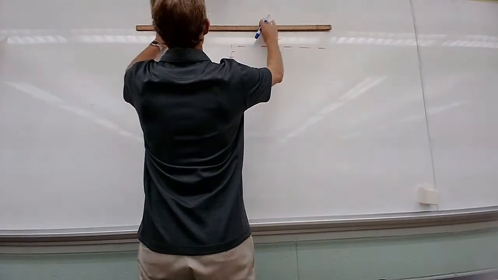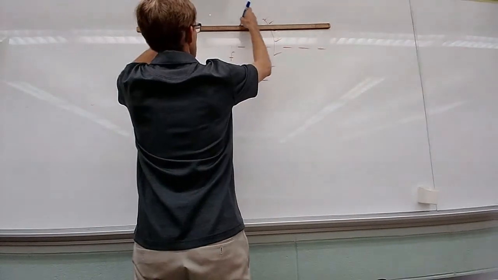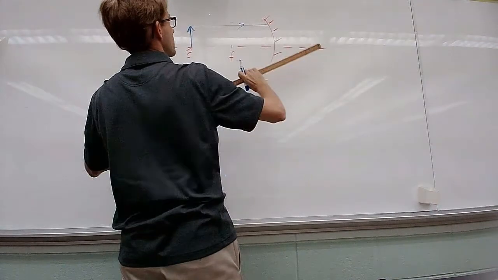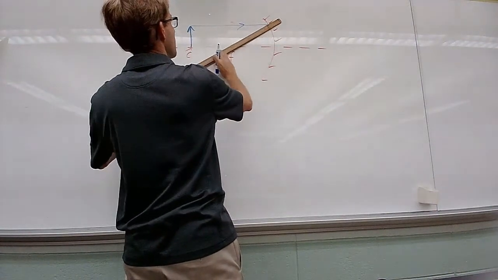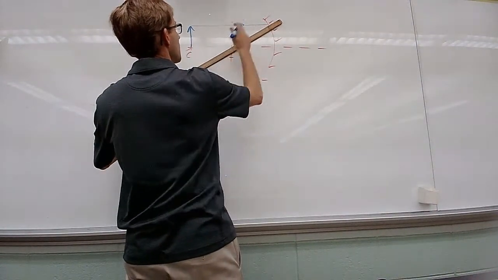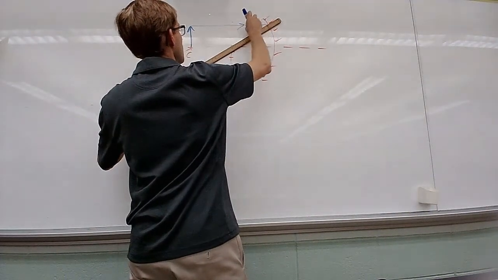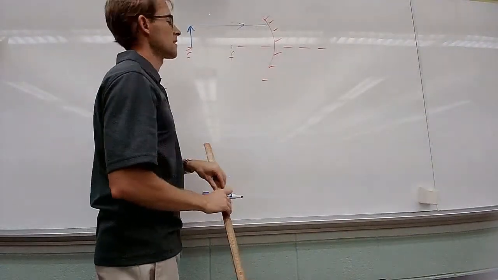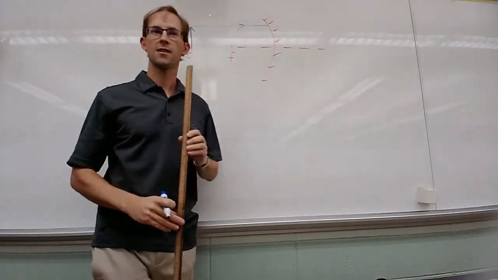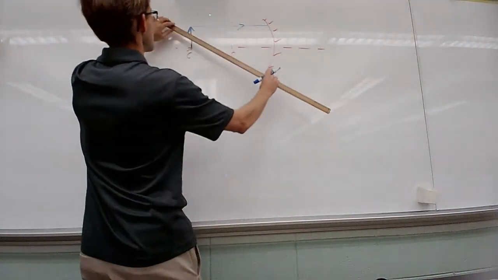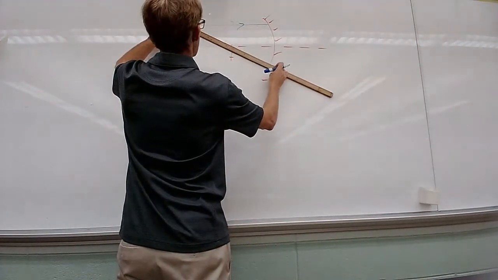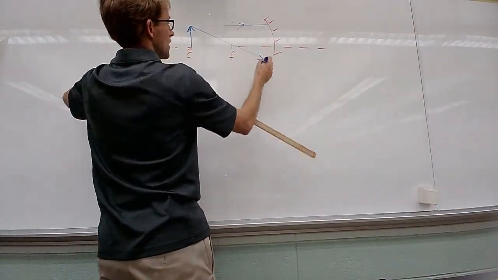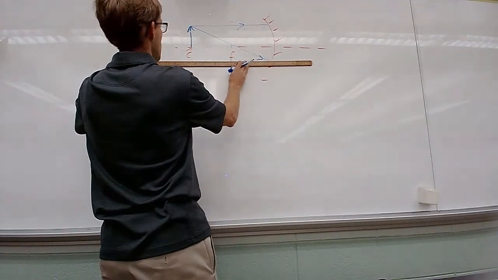Parallel. Nice and parallel with the axis. It hits the mirror, and it's going to bounce through the focal point. You can kind of see that. So where do I send the next light ray? Yep, through the focal point. And of course, by the same relationship, it's going to hit the mirror and pop out going parallel.